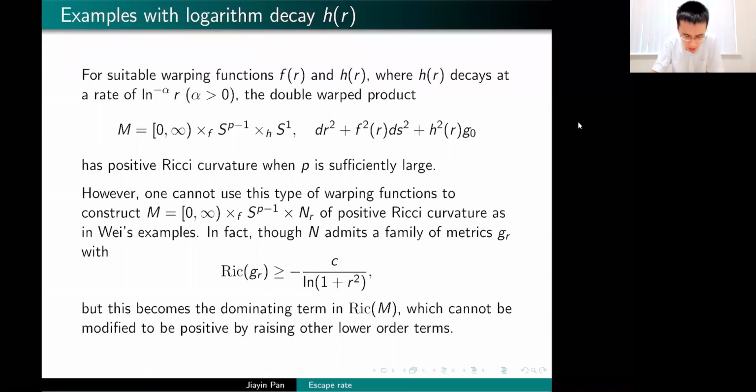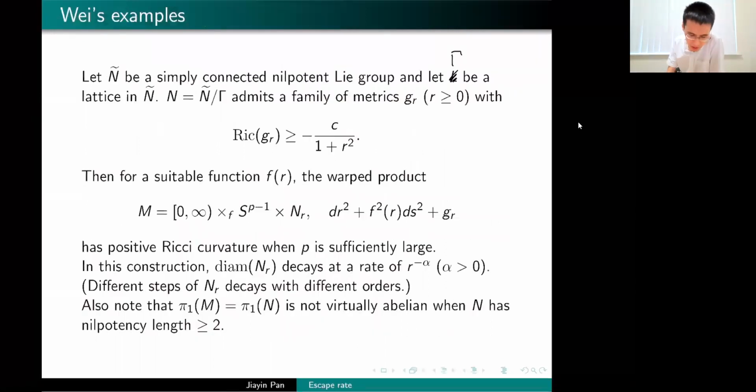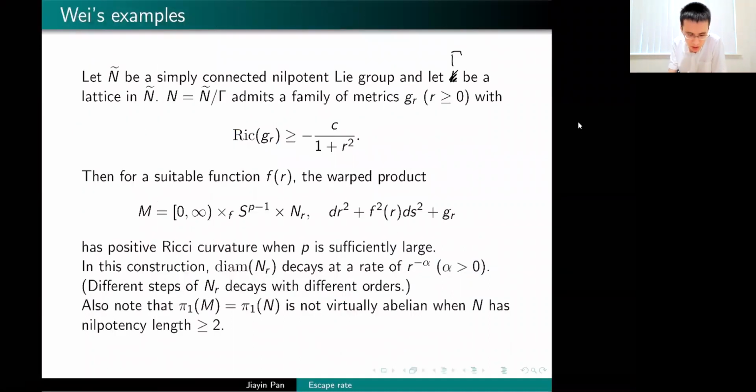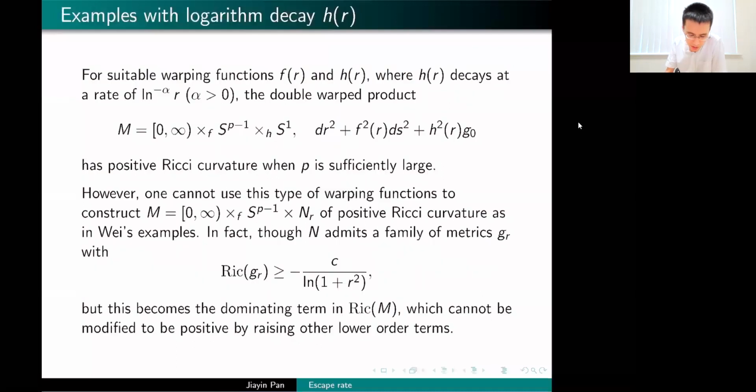The next example we can explicitly construct. By the way, in the Bérard-Bergery–Bourguignon example, the warping function is not explicit; it satisfies a certain differential equation. But in Wei's example, you can write down what f and g_r are. The next example here is similar to Wei's example.